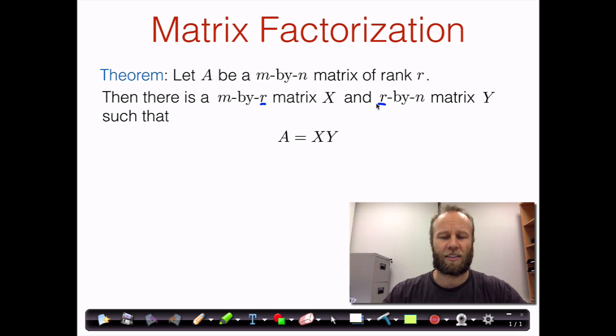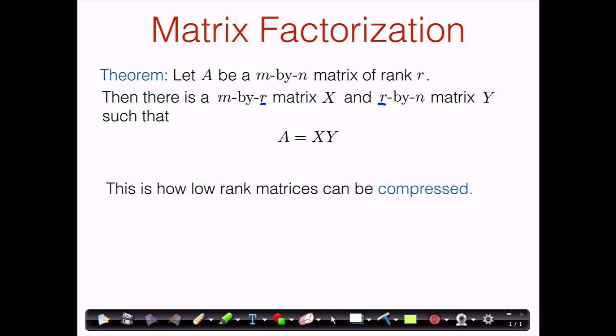Now what's so great about this theorem? Well, this is actually how we can compress matrices with low rank. Normally, if we're going to store the matrix A, since it has m times n many entries, we would have to store m times n many numbers. Now instead, we could just store the matrices X and Y, and then when we want A, we can just multiply these matrices together.